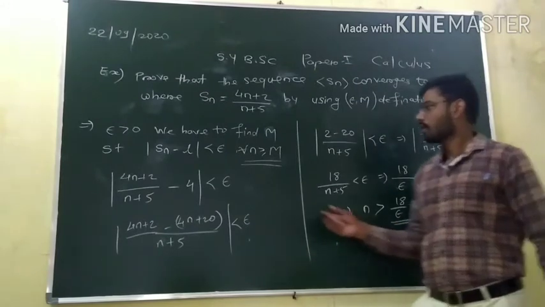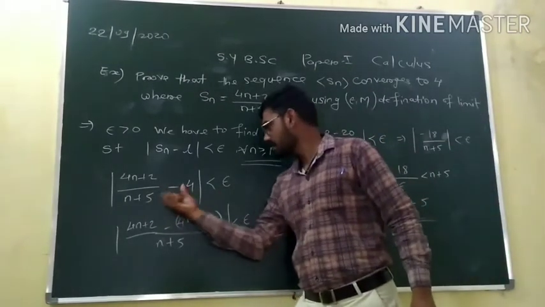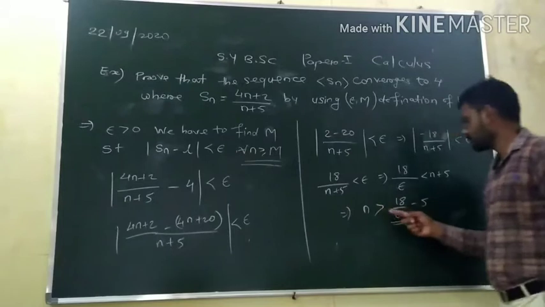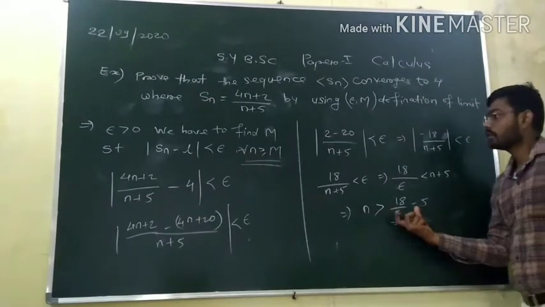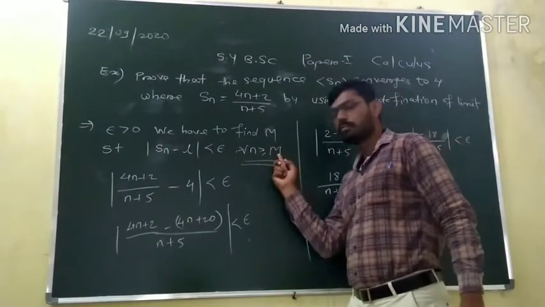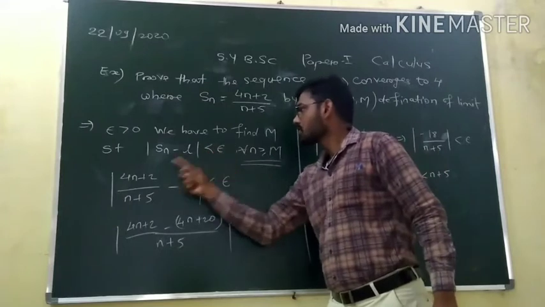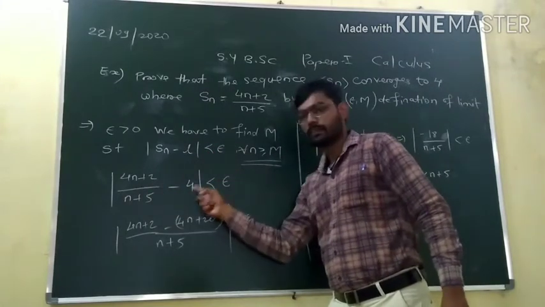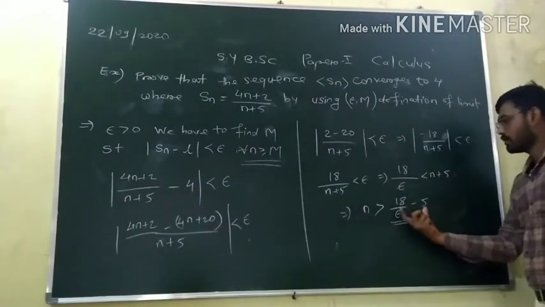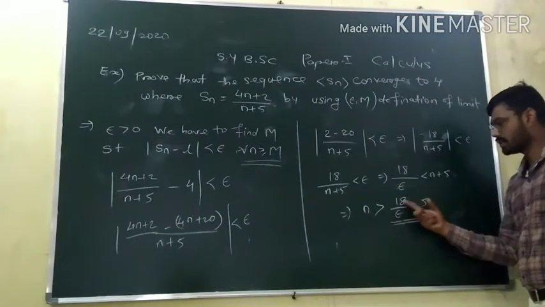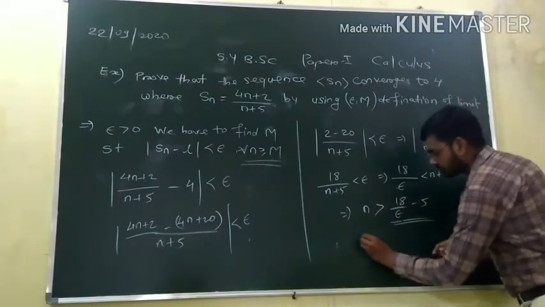So this is the bound on n. For this to be less than epsilon, n must be greater than this number. Whenever n is greater than or equal to this number, the difference is less than epsilon, so this is the limit of the sequence. So we must take the value of M greater than or equal to this number.